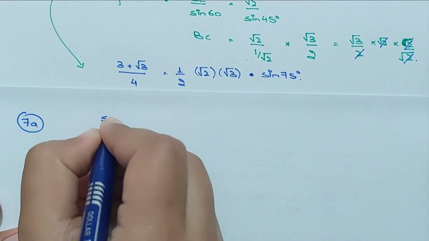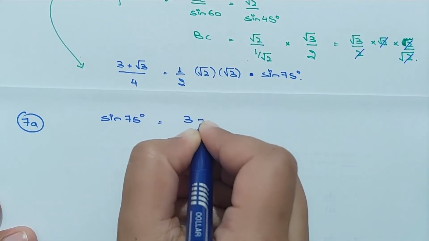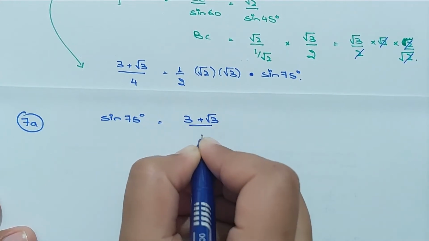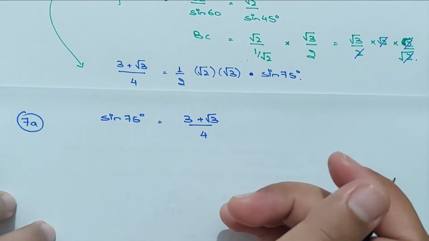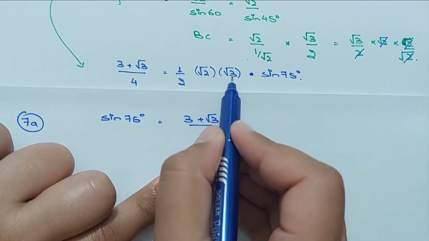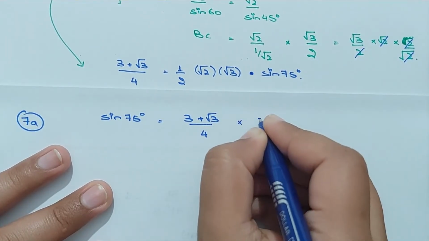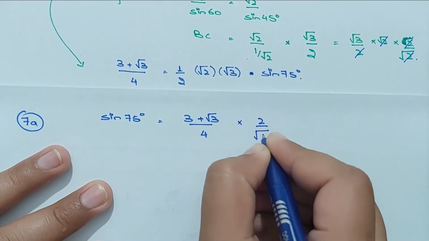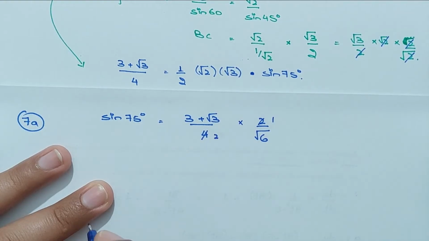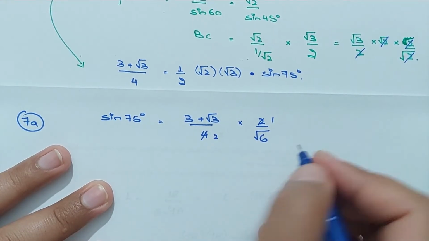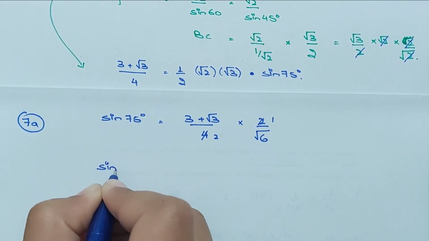Now from here, sine of 75 degrees should be equal to 3 plus root 3 over 4, and this term is divided on the other side, right? So this term is root 3, and so times 2 over root 2 times 3 would be 6, right? 2 times 1 is 2, 2 times 2 is 4, right? And okay, to get that form, let me rationalize this.